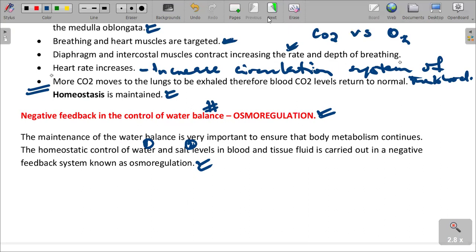The word osmo means the movement of water from a higher concentration to a low concentration, through a semi-permeable membrane, which is created by the presence of the salts.